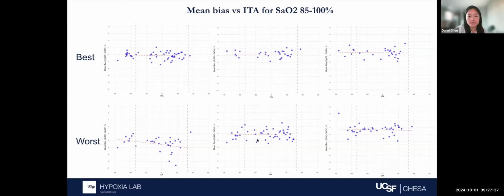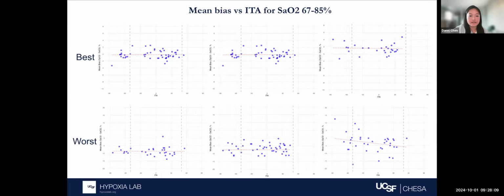However, except for the devices in the lower left, all other devices have a fairly flat regression line, which suggests that the differential bias between ITA of minus 50 and 50 is probably not big, maybe within 0.5%. And this shows that some of the devices fail the ARMS less than 3% check, but were still able to pass the differential bias test. Next slide, please.